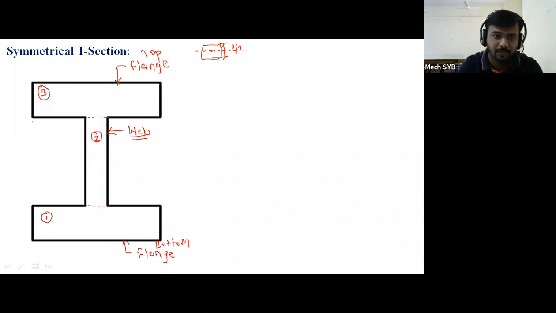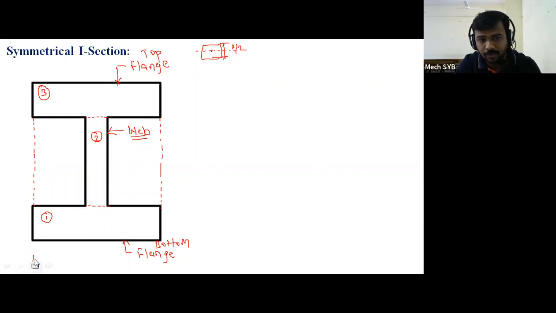In addition to that, these two sections you have to represent by the dotted lines. Okay.